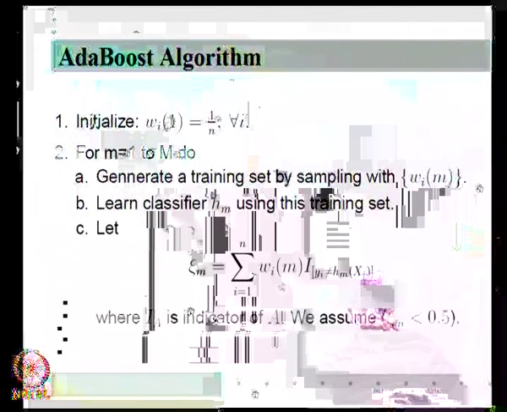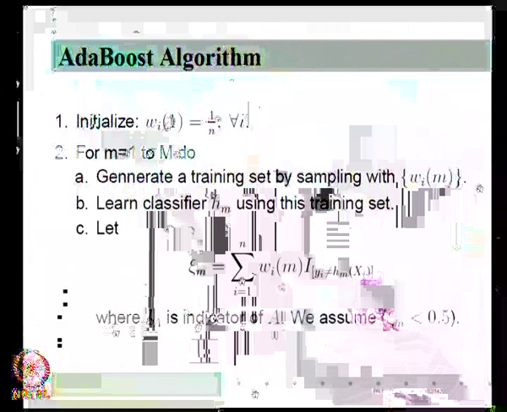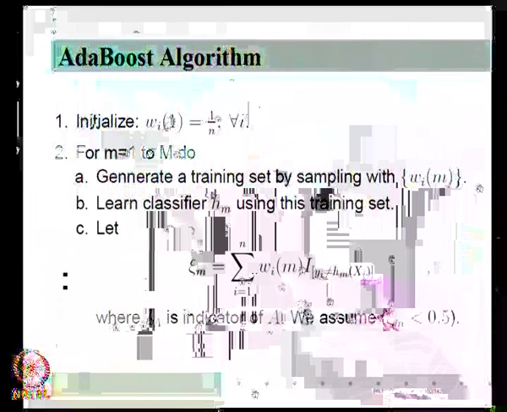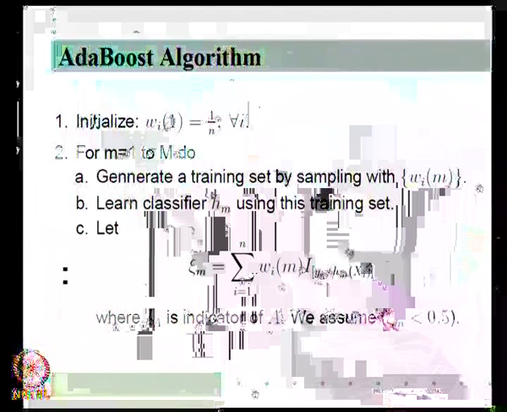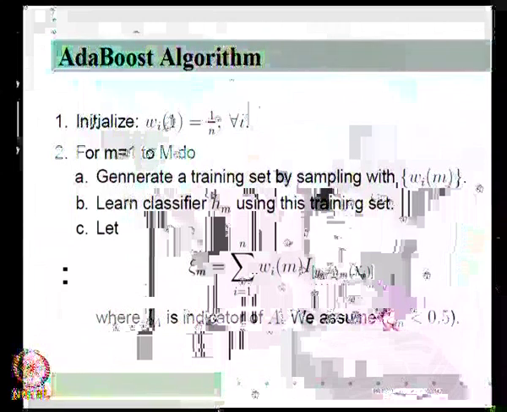Then I calculate xi m, which is a kind of weighted error of this classifier. So, xi yi is the data set. If yi is not equal to hm xi, the classifier hm has made an error on xi yi. That error is weighted by the weight wim.